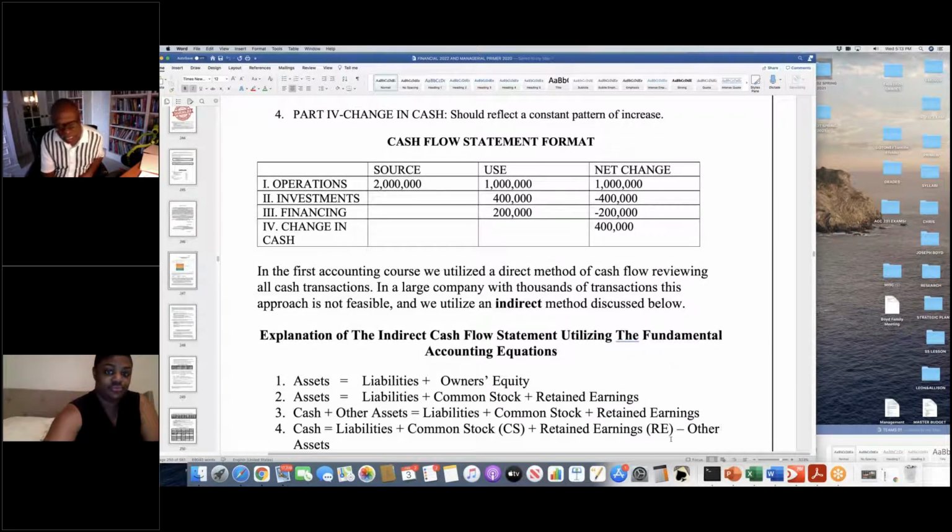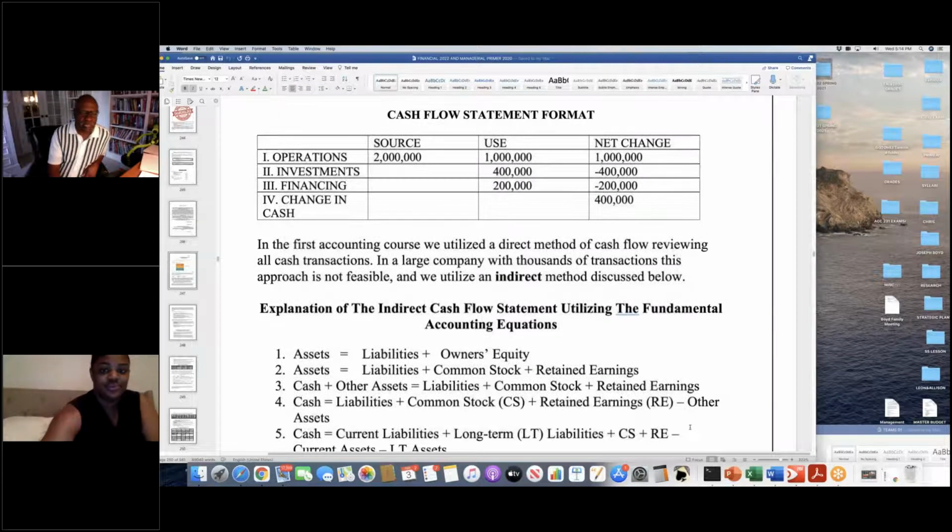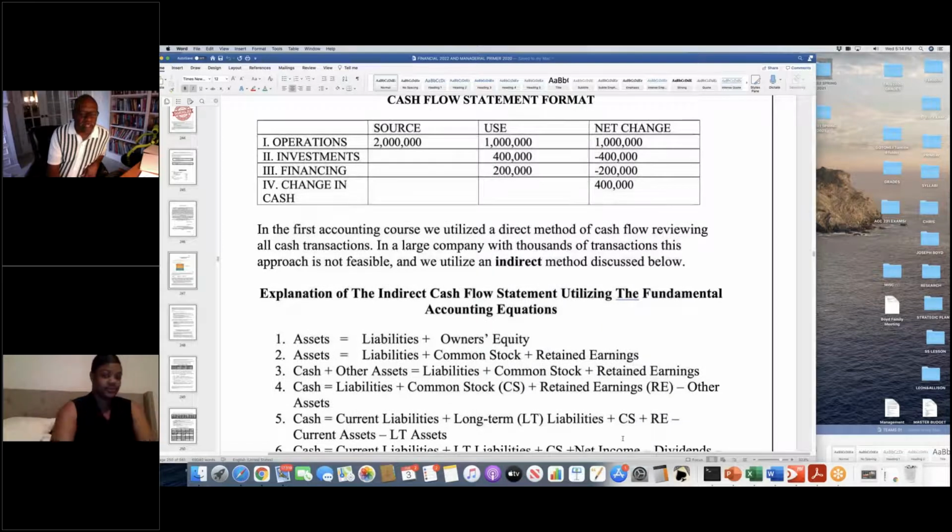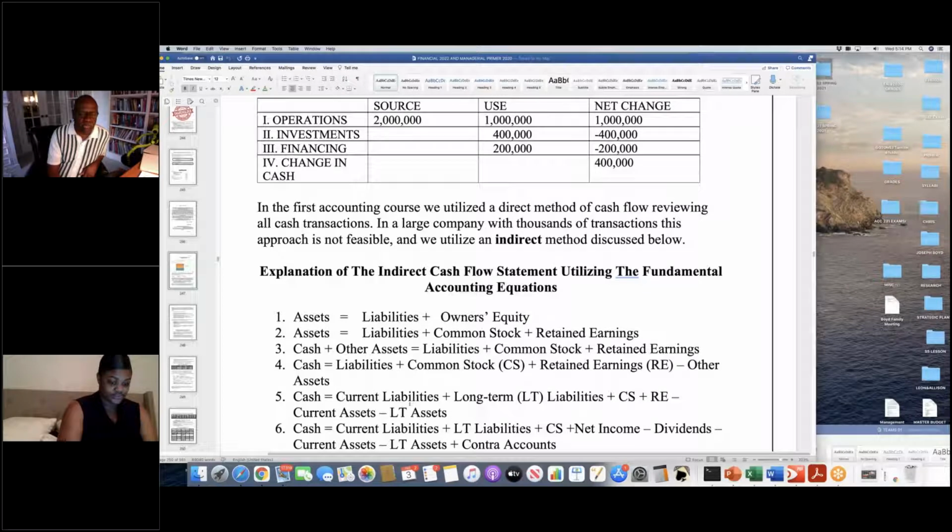So we just put the other assets on the other side of our equation. Then we have cash equals current liabilities plus long-term liabilities plus common stock plus retained earnings minus current assets minus long-term assets. So we break the assets and liabilities into current and non-current.